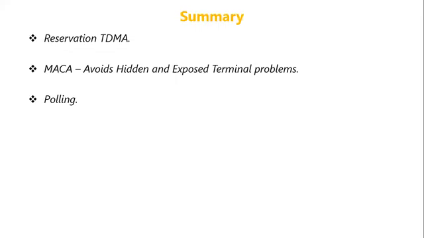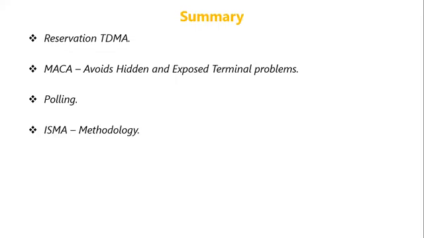Each mobile station will send its own random number, and if these random numbers are the same, then there will be a collision. Using the random number, the base station will poll a particular mobile station and communicate with it.